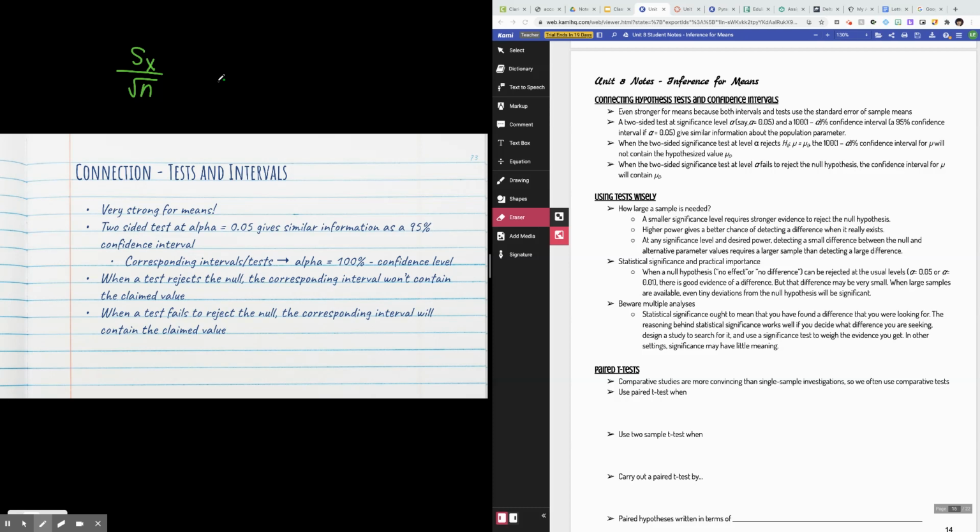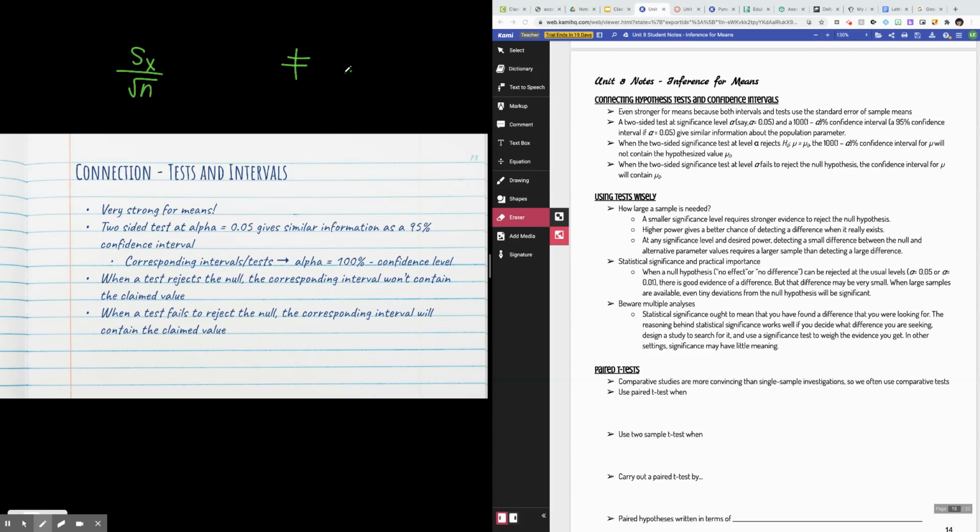So the main connection between hypothesis tests and confidence intervals lies in the confidence level and the significance level that we set. A two-sided test, meaning an alternative hypothesis with a not equal to sign in it, at a certain significance level, say 0.05, and a 95% confidence interval give very similar information about the population parameter.